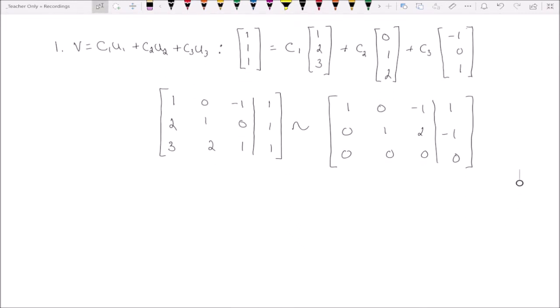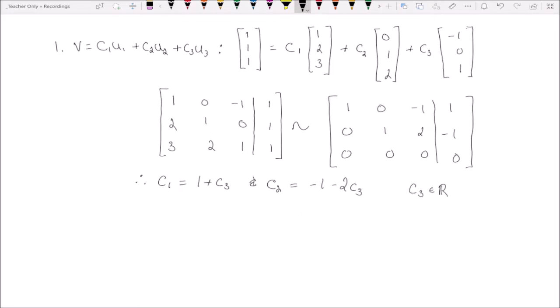Reading this matrix, we find that c1 is equal to 1 plus c3, and that c2 is equal to -1 minus 2c3, where c3 can be any real number.